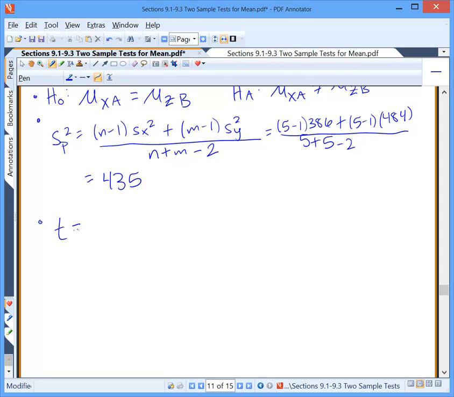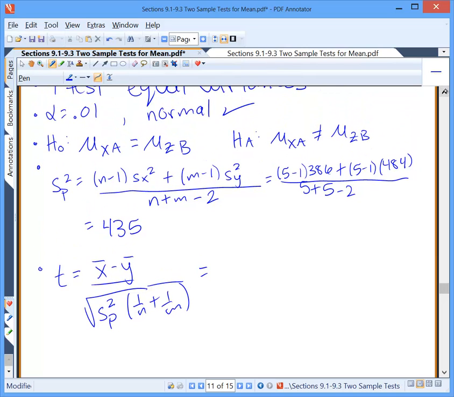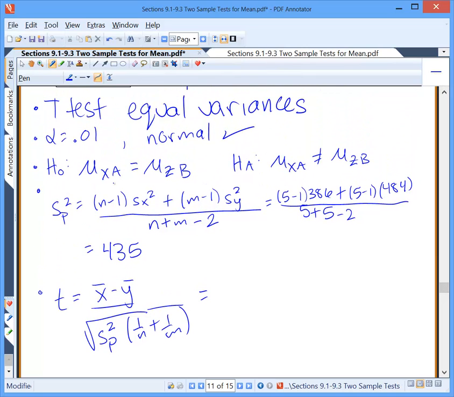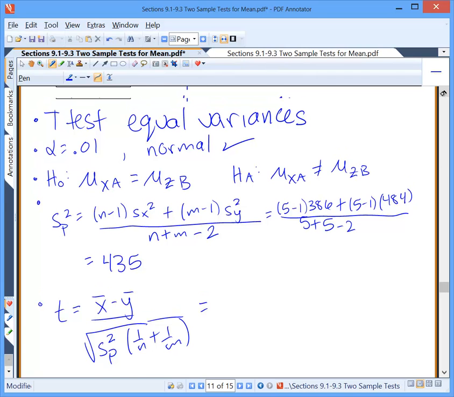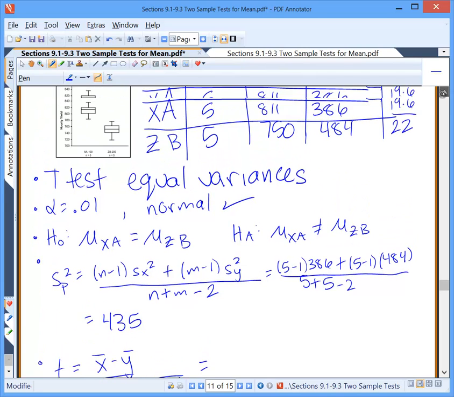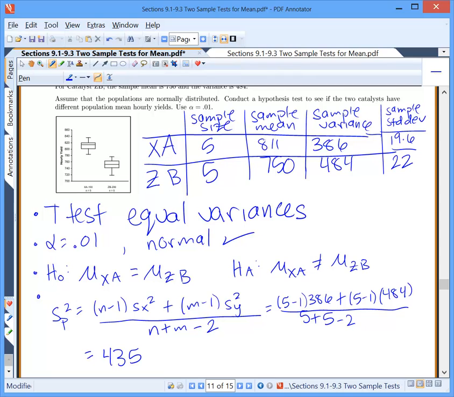Notice it's just a really fancy weighted average of our variances. Now we can plug it in and get our test statistic: x bar minus y bar over the square root of the pooled variance times 1 over n plus 1 over m. So just 1 over each of the sample sizes. The biggest thing you need to do here is, because it's x bar minus y bar, look at what order you wrote your symbols in up here. We did XA first, so you have to do the sample mean for XA first.